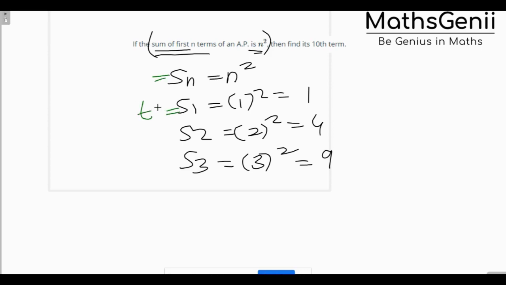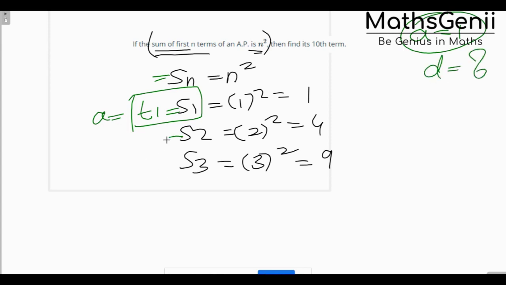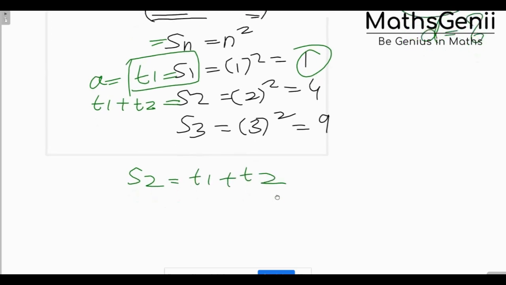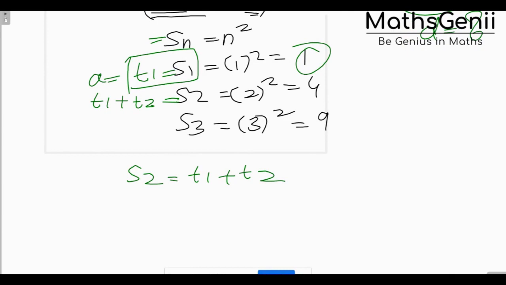So this is always T1. S1 is always equal to T1, which is equal to A. So A is 1. Next I want to find D. How will I find D? S2. S2 is T1 plus T2. T1 is how much? 1. Be with me.